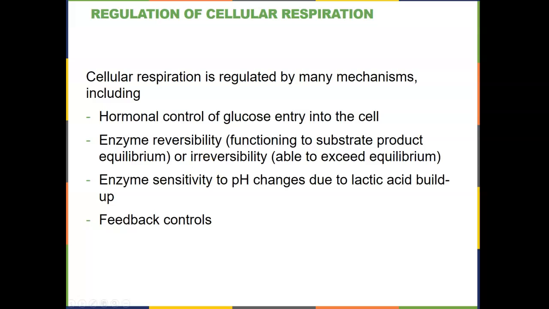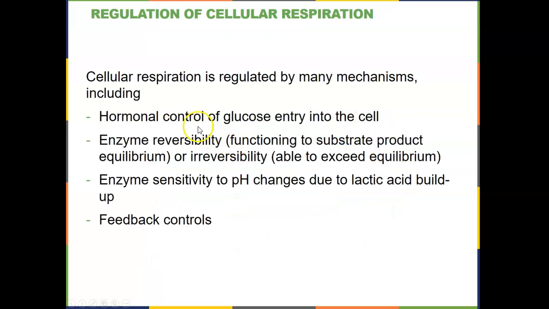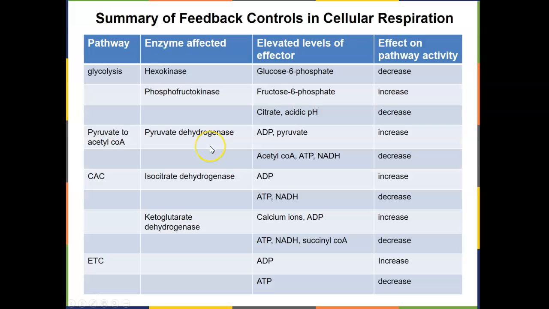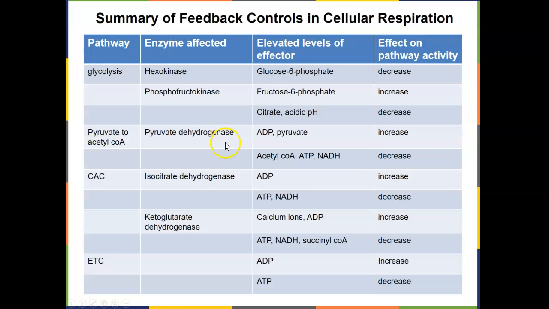Finally, this process is controlled by feedback processes. All right. So for instance, glucose is regulated very, very heavily. The process of making ATP and ADP is regulated via feedback regulation processes. And we'll go ahead and look at this right here.